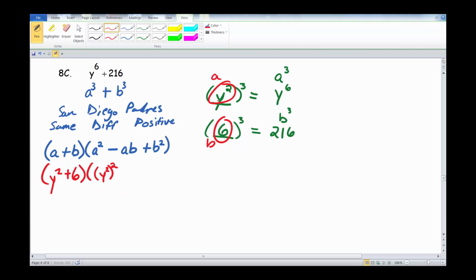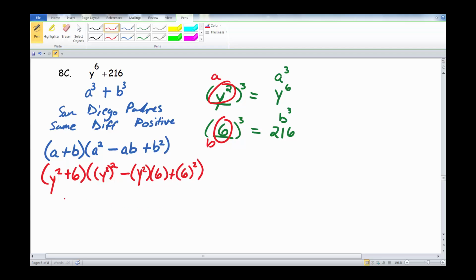So even though this variable is being squared, we still have to square the squared. Again, because that's what a is, it's y squared. Minus our a, y squared, times our b, 6, plus our b being squared. So in this case, 6 squared.